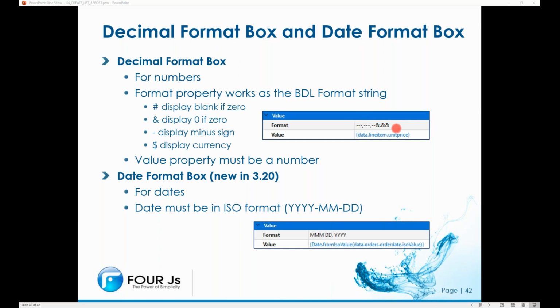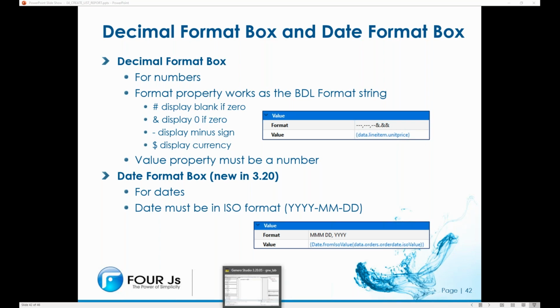As far as looking up these formatting directions, you'd look it up inside of the BDL guide. It would tell you how you can specify a BDL format string. Decimal format box expects a number coming into it. So this is the field value, and the unit price is a number.